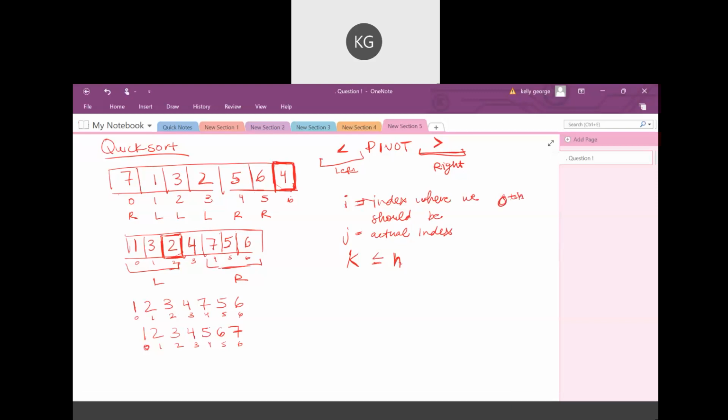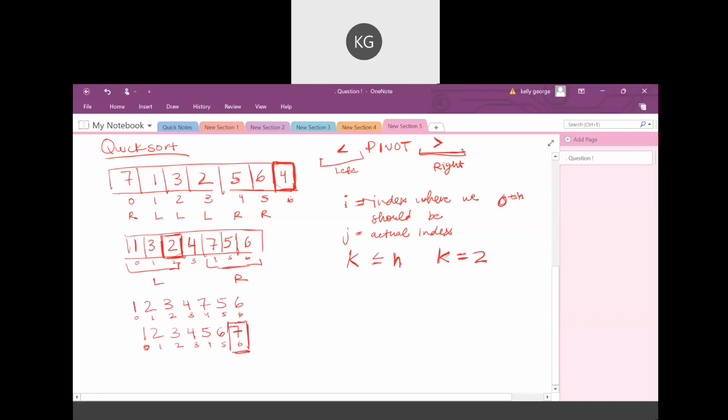So let's say in our scenario that k is equal to 2, and let's say that i is equal to the 6th smallest number. If we look at this, the 6th smallest number in the sorted version of this array would be 7.